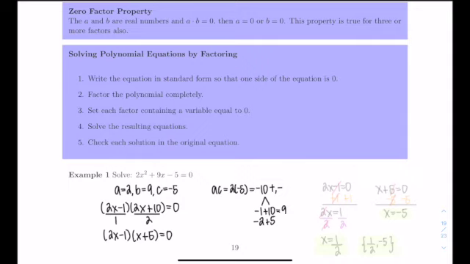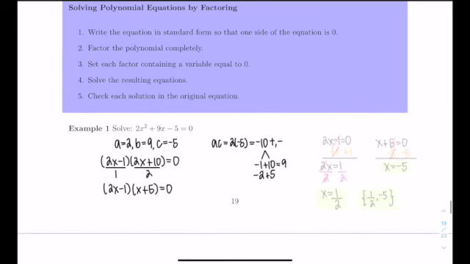Now the new part comes in. Once we've factored, we want to set each piece that has a variable in it equal to 0. So that means I have 2x minus 1 equals 0, and I have x plus 5 equals 0. Now we just want to solve for x.